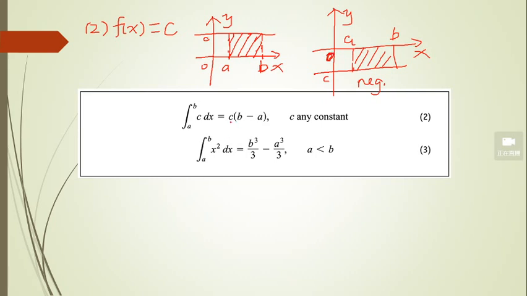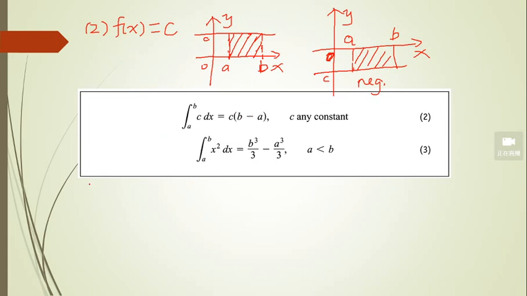Because here c is a negative number, b minus a is still positive, because b is greater than a. And it doesn't matter if your a is negative and your b is positive. That still means a rectangle, right? This definite integral still denotes the net area of a rectangle, okay? So that is the second case, especially when the function is a constant.